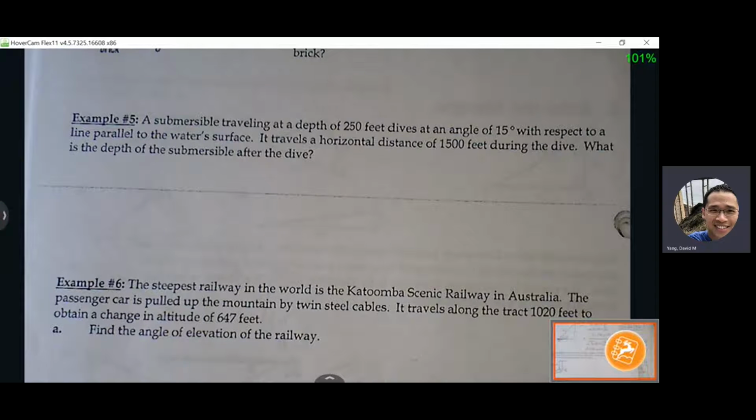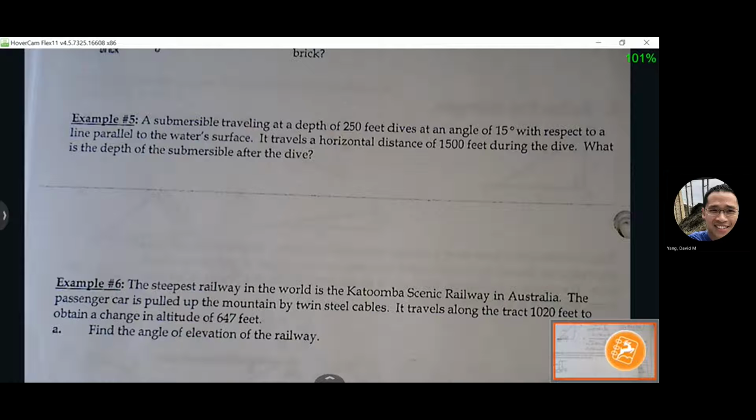Okay, so a submarine traveling at a depth of 250 feet dives at an angle of 15 degrees with respect to a line parallel to the water surface. It travels a horizontal distance of 1,500 feet during the dive. What is the depth of the submarine after the dive?